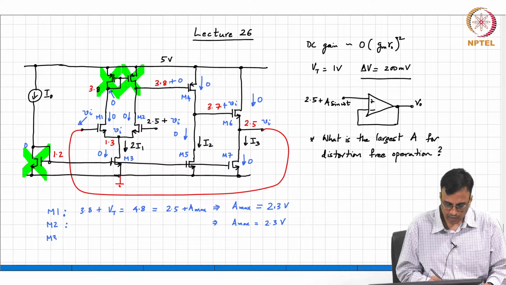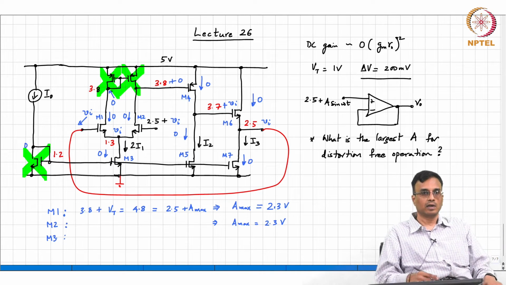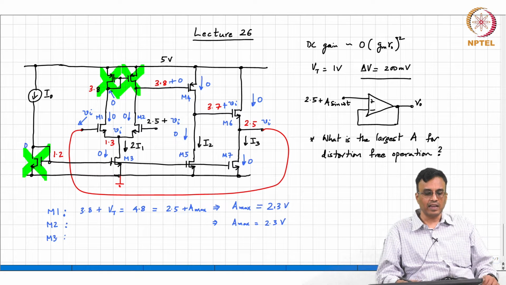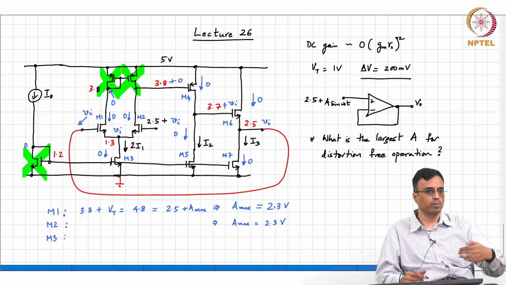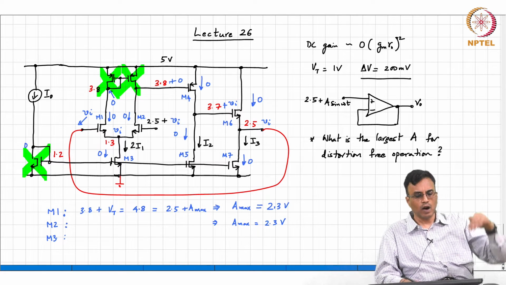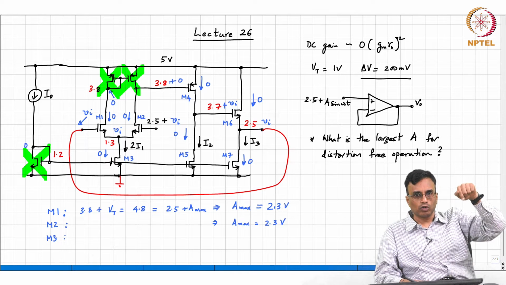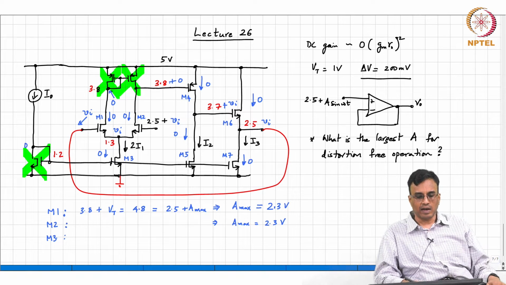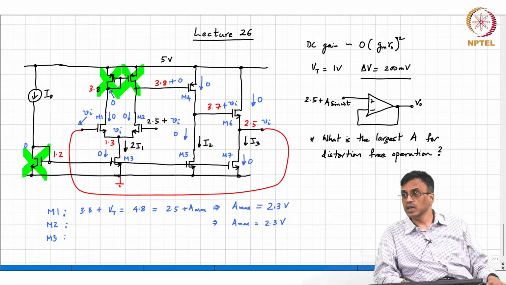M3, what happens? Is M3 in trouble when A is positive, or in the positive half of the input cycle, or the negative half of the input cycle? When the input goes down, this common source node also goes down, and therefore you are in danger of M3 going into the triode region. Is that clear?